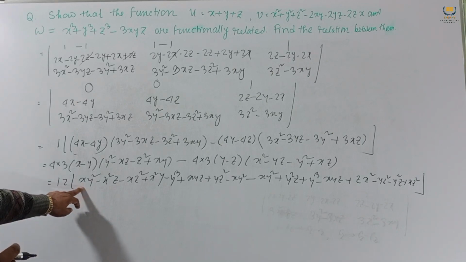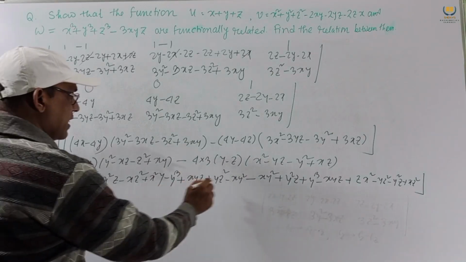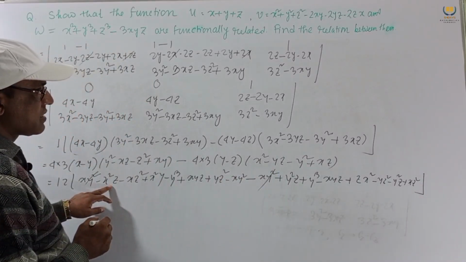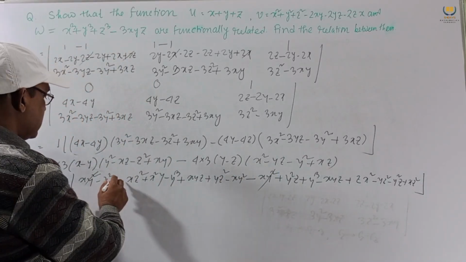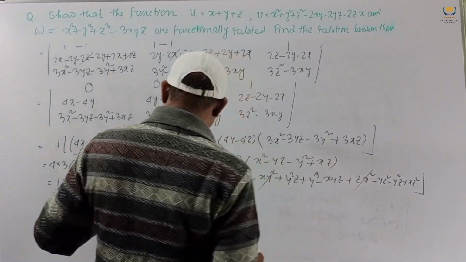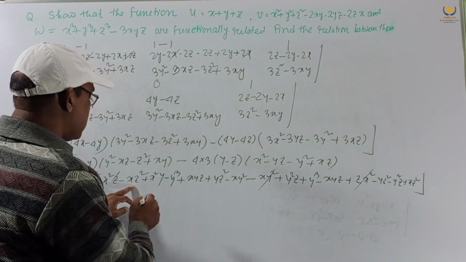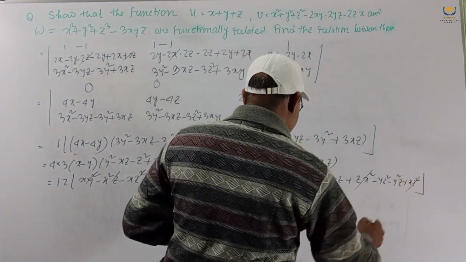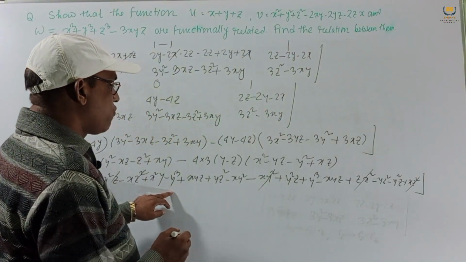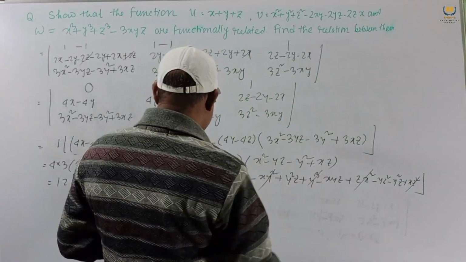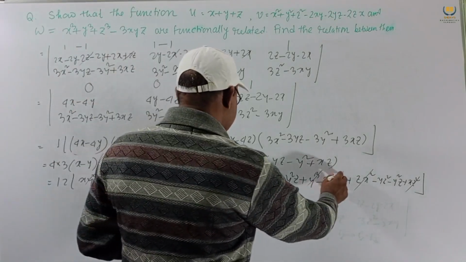Now x y square, these two are cancel. X square z, this is minus and plus cancel. X z square, this and last one cancel. Y cube minus and plus cancel. X y z, these two are cancel.